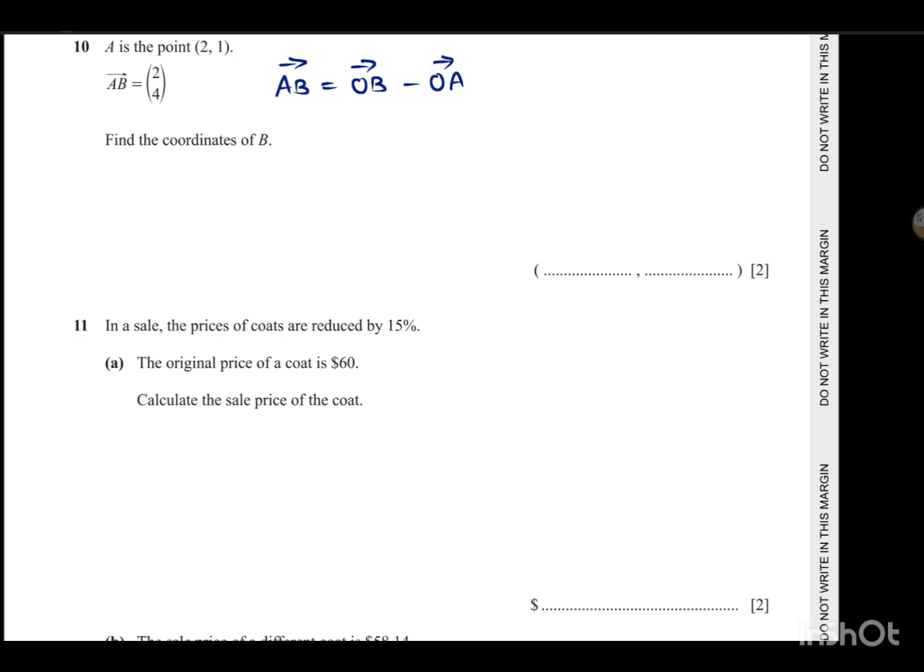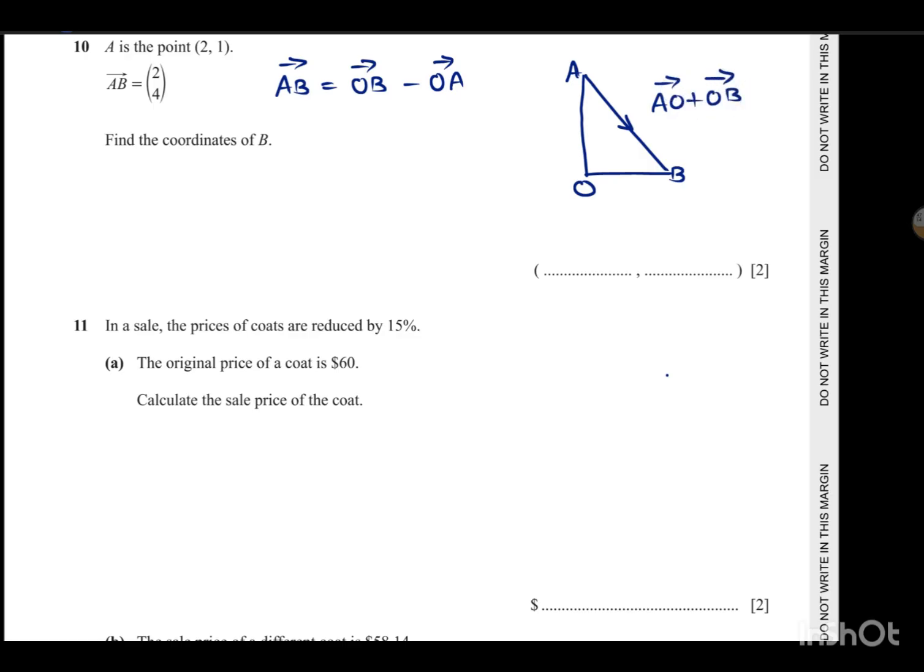Let me explain through a diagram. Now suppose this is B, this is A, this is the vector AB. Now if I start from origin, this is O. To go from A to B, I need to go AO plus OB.